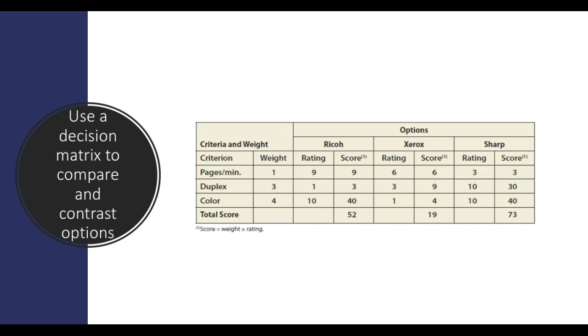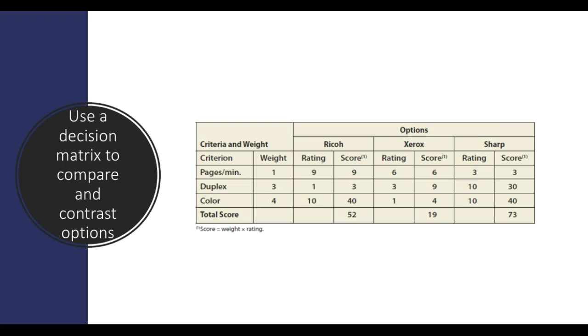When we look at the Xerox, we see that its pages per minute is a 6, which is okay. Its duplex is a 9, which is higher than the Ricoh, so that's pretty important. And its color is a 4, which means it really just didn't do a whole lot with color. So that gives Xerox a total score of 19.